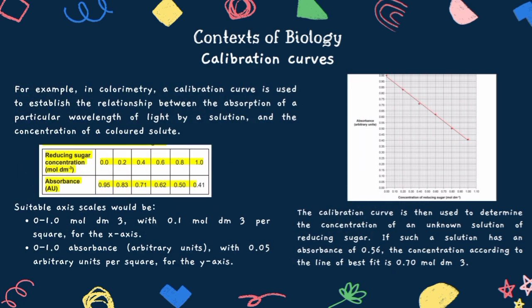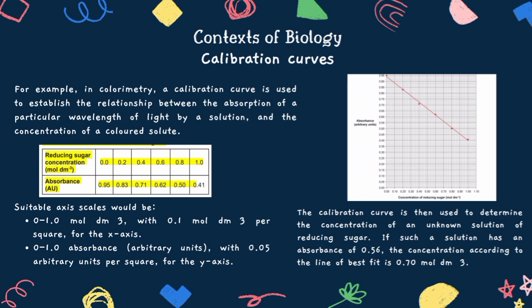The next is calibration curves. A calibration curve is a technique whereby a relationship is established between two variables, so that the resultant curve can be used to establish a property of an unknown sample.